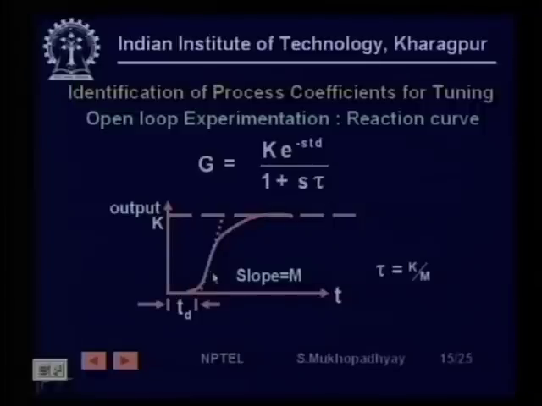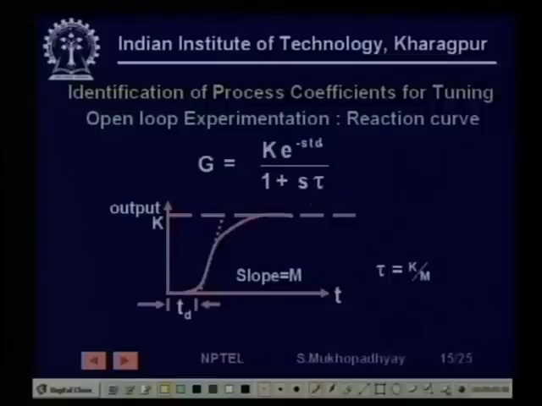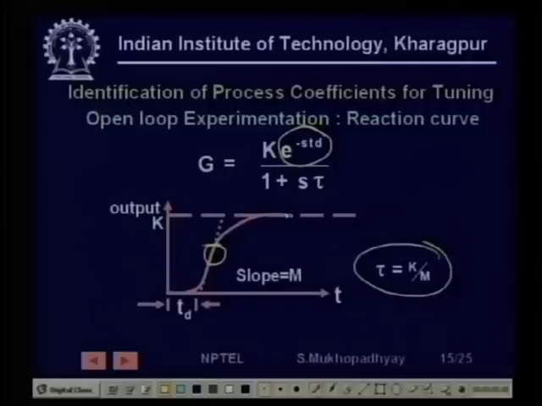Now numerically you find that if you consider the step response of this model, the response will rise after a time Td because of the e to the power minus s Td term, and then it will rise just like a first order system, k by 1 plus s tau. The slope of this line is given by m equal to k by tau, or rather tau is equal to k by m.